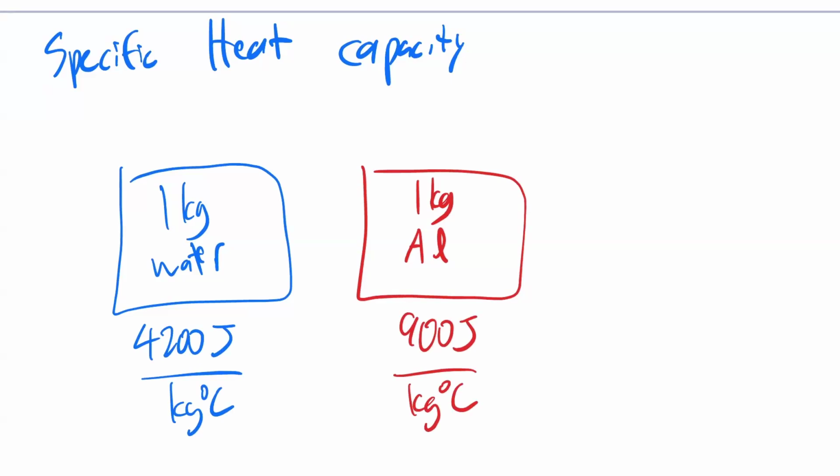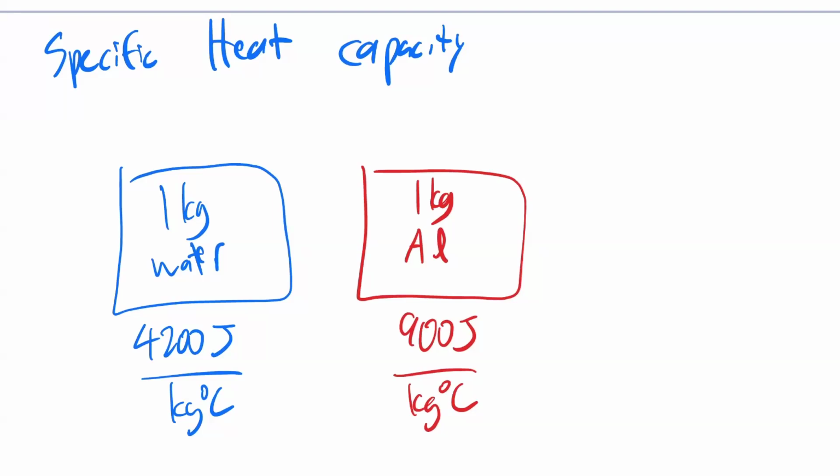Everyone look at these units and tell me what you can derive from 900 joules per kg degree Celsius. What does this mean? Fire has less heat to burn. Good. Which one requires less heat to heat up? Aluminium. Why? In terms of the number. Right, very good. That's a very good observation.